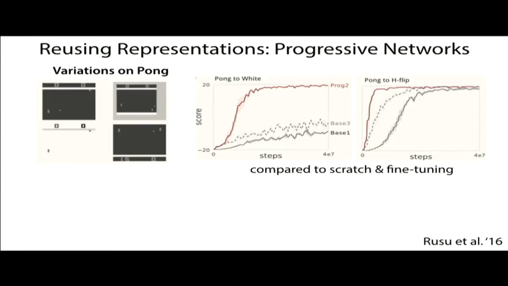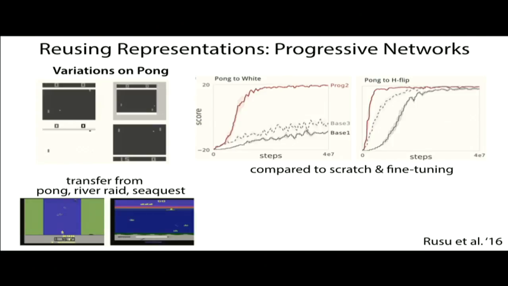I think the baseline here is a different version where you essentially take progressive networks, and instead of starting from a trained network on the previous one, you start with random weights on the left side, on the first column.